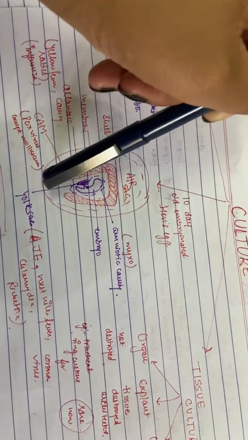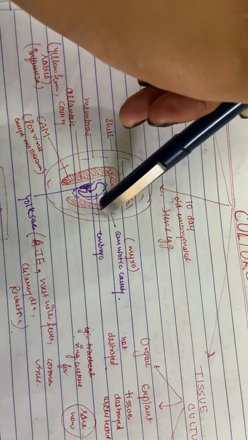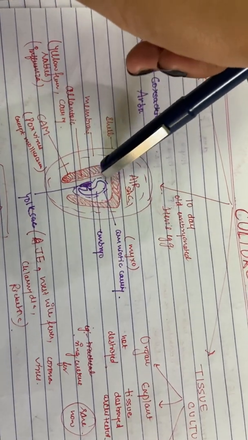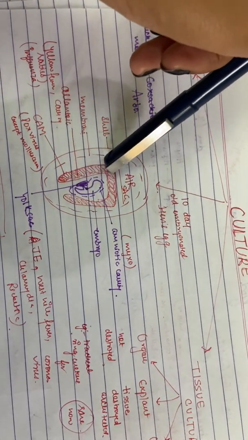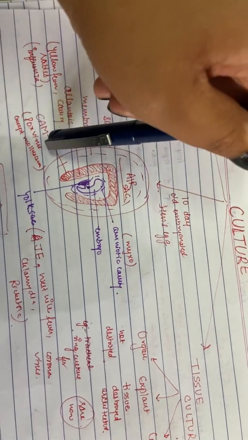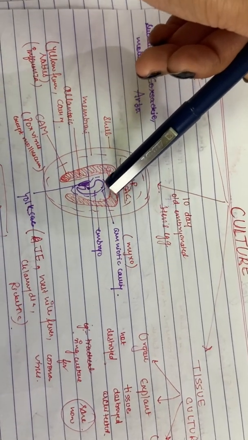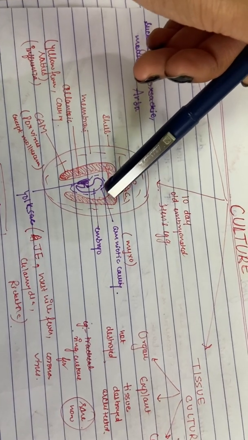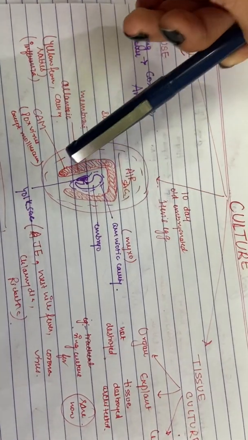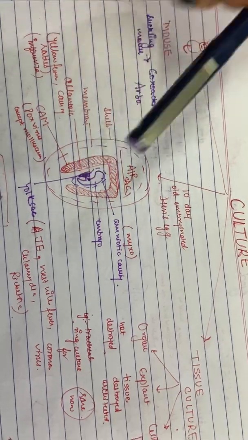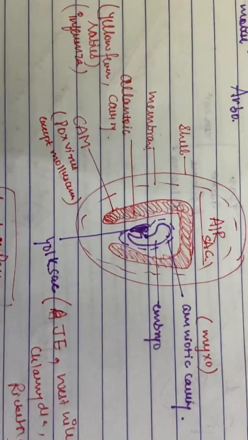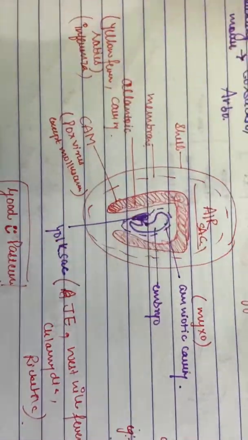All right, and this red part is the allantoic cavity, which is formed by a membrane known as CAM, chorioallantoic membrane. And this one is the embryo surrounded by a dotted line, the amniotic cavity, and this dark colored dot-like structure is the yolk sac.